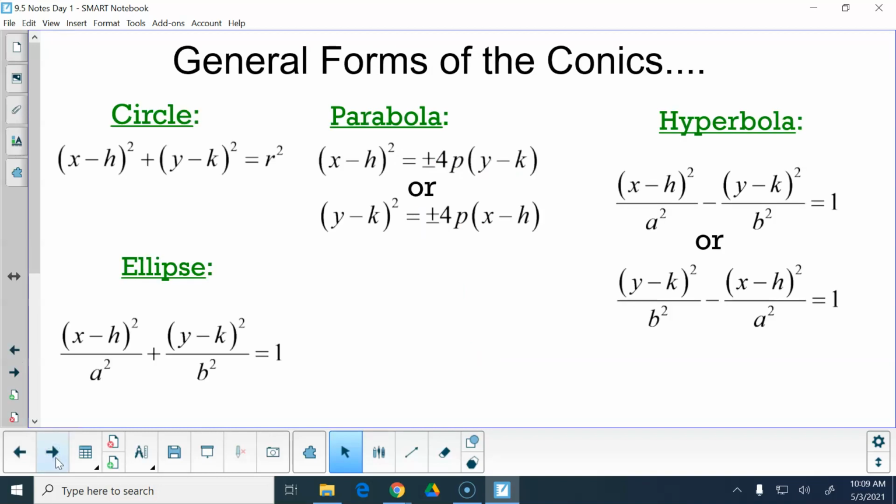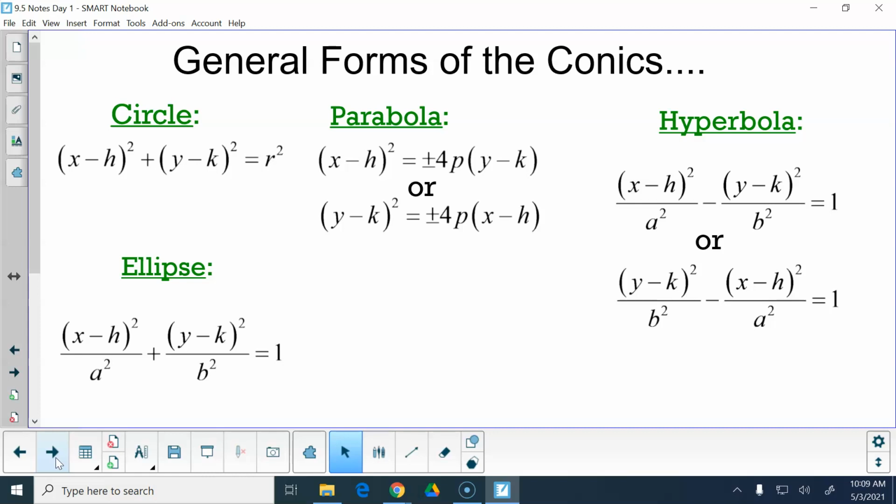All right. So you have these all over the place in your notes. If you wanted to combine them all into one page, one location, that would be fine, but if not, I totally understand. Those are the general forms of conic sections. A circle looks like this: x minus h quantity squared plus y minus k quantity squared equals r squared.